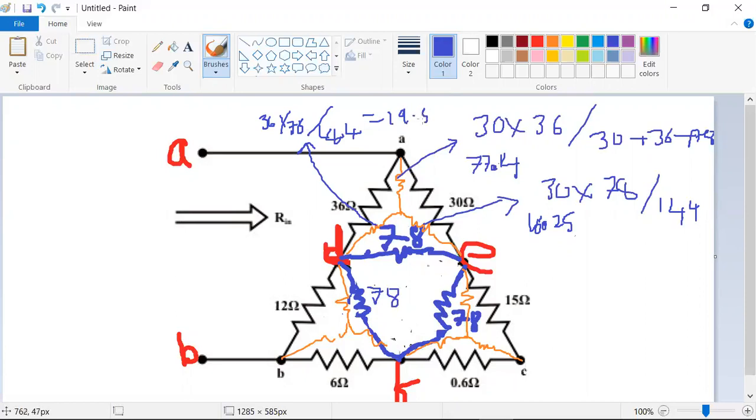Now you have the star of this connection. Let me write this star by removing this. So I am going to write 77.4.